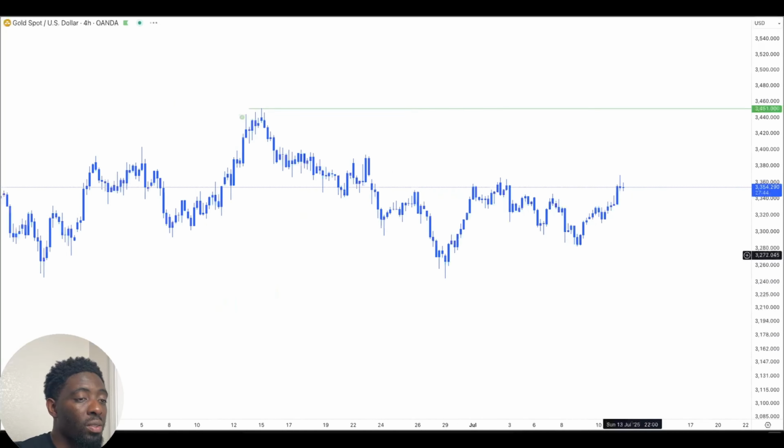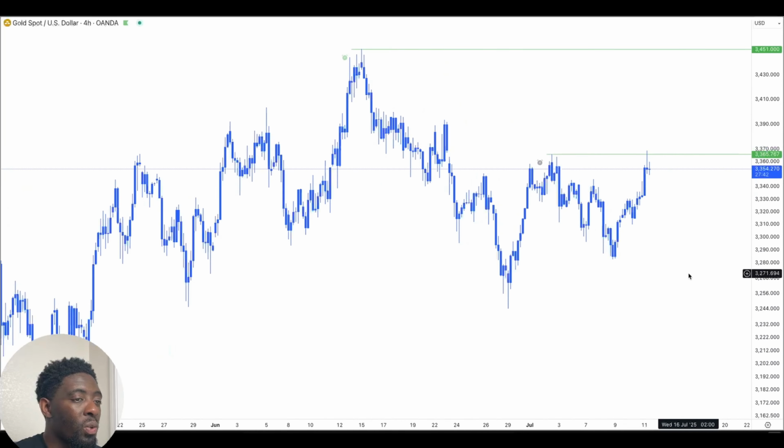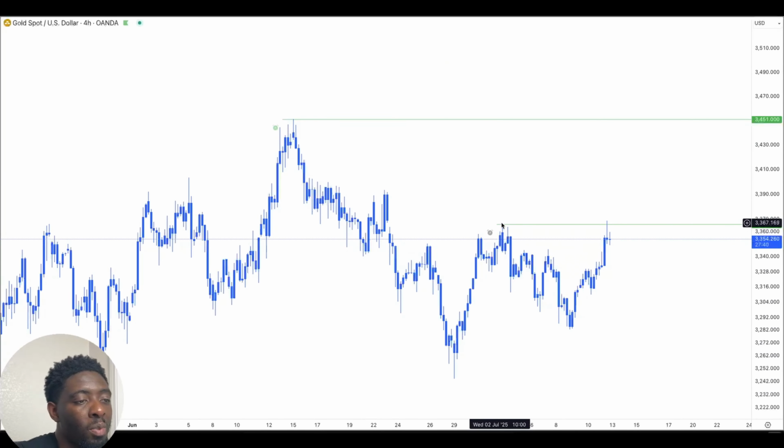If you step down to the 4-hour time frame, now you look at the points of concern for me. This area right here was a point of concern, and this area right here is a point of concern as well. Those are the areas where I'm really expecting rejections, expecting price to pull back from, or expecting sellers to react from aggressively.